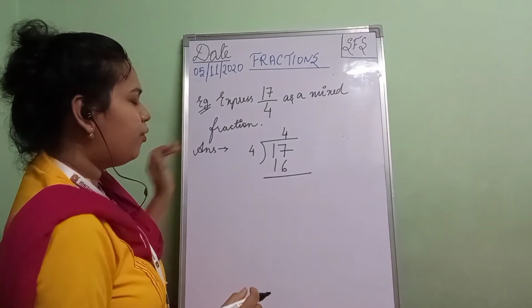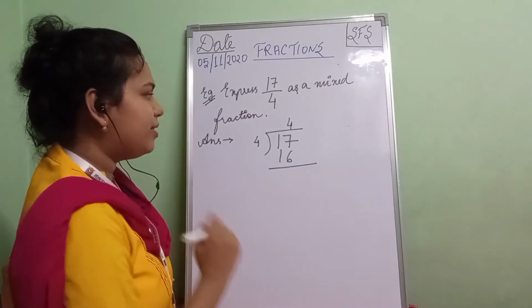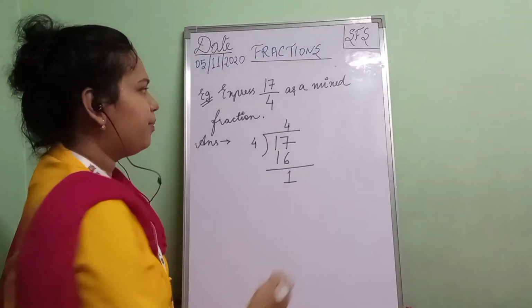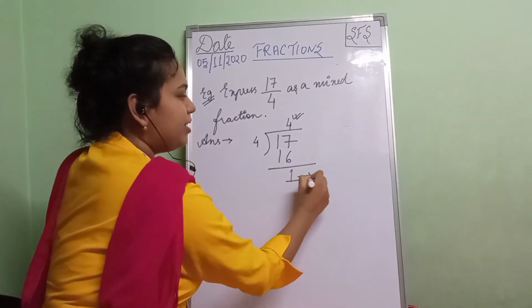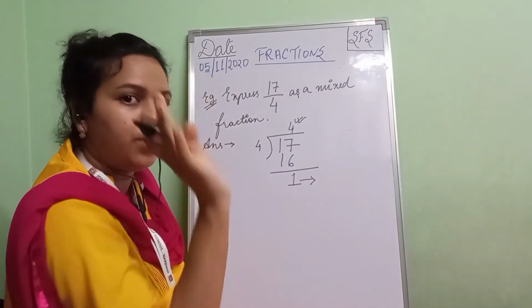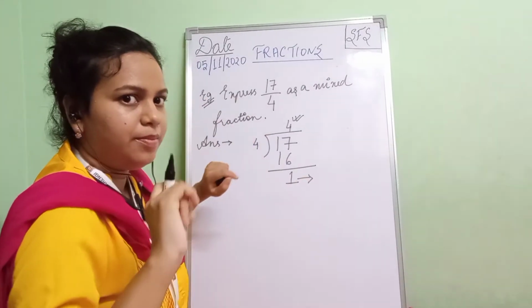Remember? 4 multiplied by 4 is 16. Right? What do you get as the remainder? The remainder is 1. Okay? So the remainder becomes the numerator of the proper fraction, and 4 is the denominator of the mixed fraction.